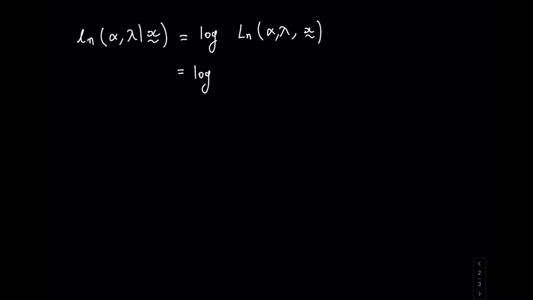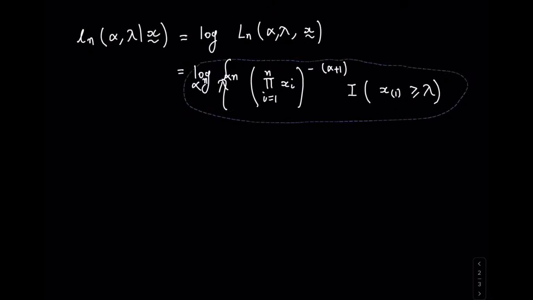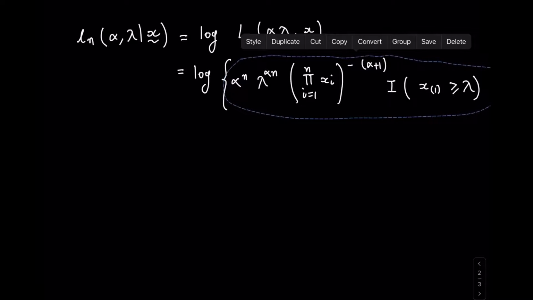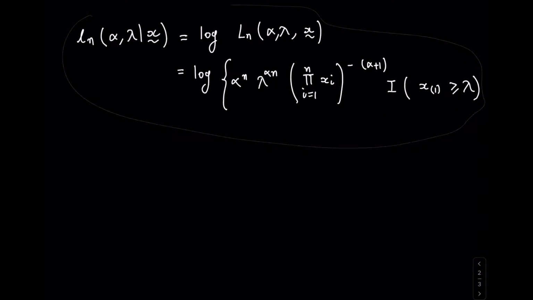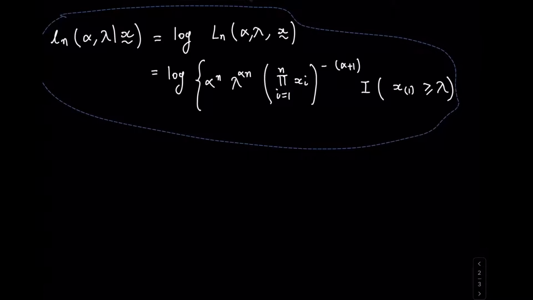So little ln, the log likelihood function of alpha, lambda given our data set, is by definition the log of the likelihood function, which in this case is log of, and I'm going to rewrite that, and I'm going to paste in our version of the likelihood function that we derived just previously.